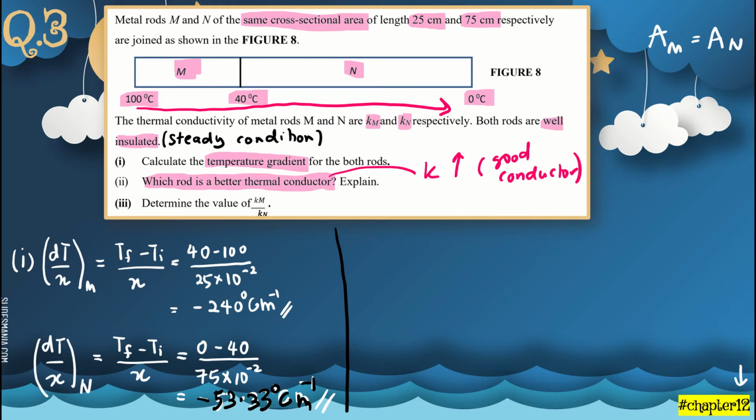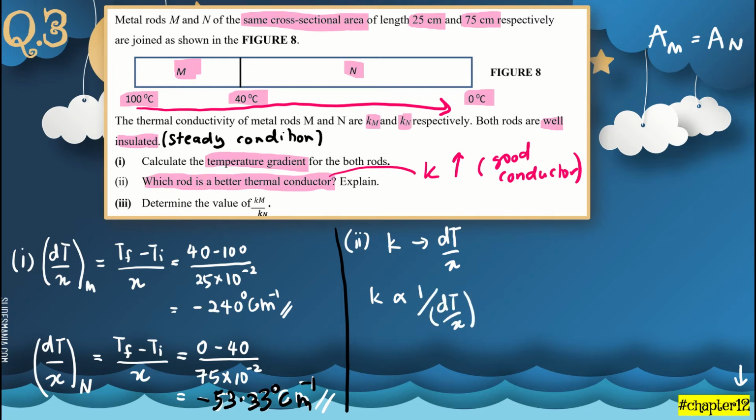So how can we conclude? First we need to know the relationship between K and temperature gradient. From the equation, K is inversely proportional to the temperature gradient.